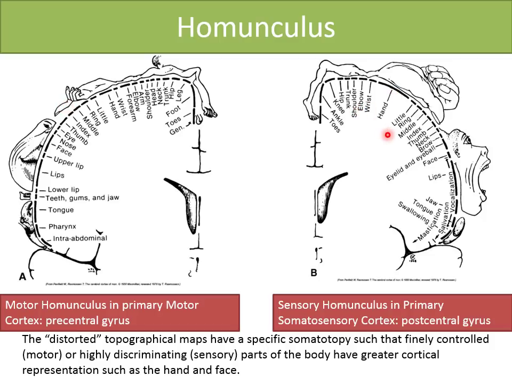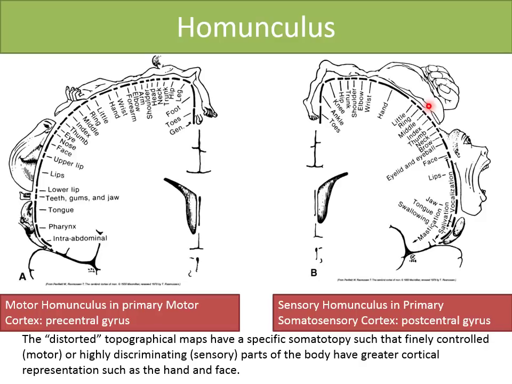Similarly, on the sensory cortex, the distorted representation on the homunculus reflects the amount of cortex, the amount of neurons, devoted to the sensation of that part of the body. So there's an enormous amount of tissue devoted to the face and to the lips, and to the thumb and the fingers, particularly the thumb and the index fingers.